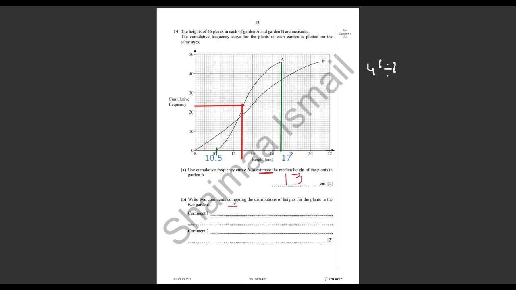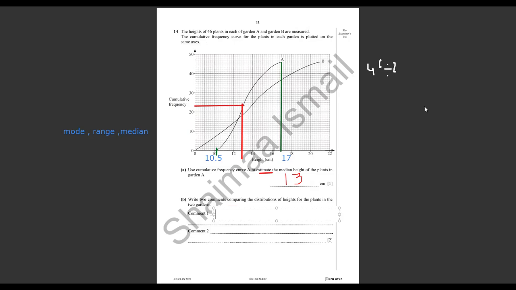Write two comments comparing. When he says compare, we have to list the mode, the mean, the median, the average, the range. You have to say any statistical comparison, okay? By the way, the median in A we got here.